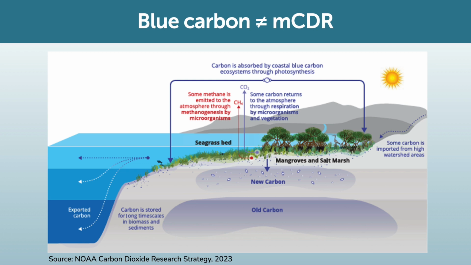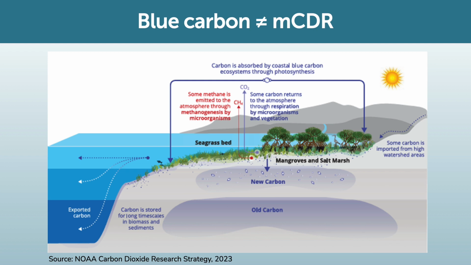However, the climate mitigation potential of blue carbon restoration is projected to be relatively low compared to mCDR due to these habitats' limited spatial availability and the likelihood that the health and spatial coverage of these habitats will decline as a result of climate change.